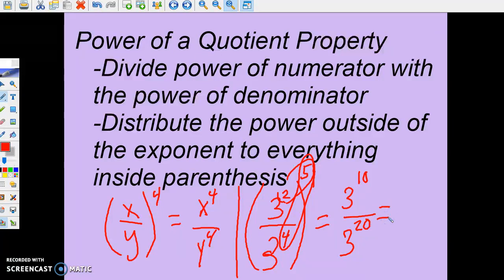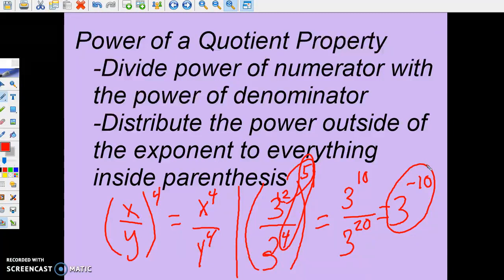Because my base is the same, I would subtract 10 minus 20 and I would get an answer of 3 to the negative 10th power. Now we're going to stop there and leave our answer with a negative exponent, even though that's not proper. In Lesson 3, we will learn how to simplify that one step further so that you don't have any negative exponents.